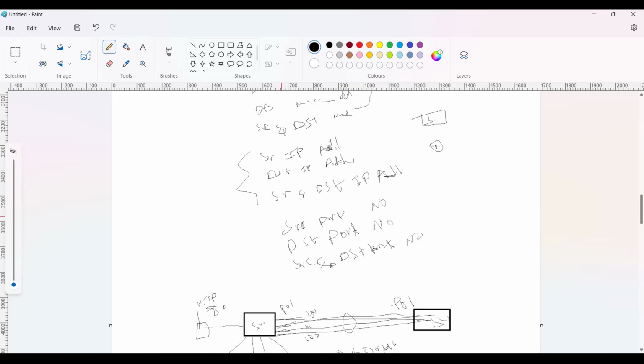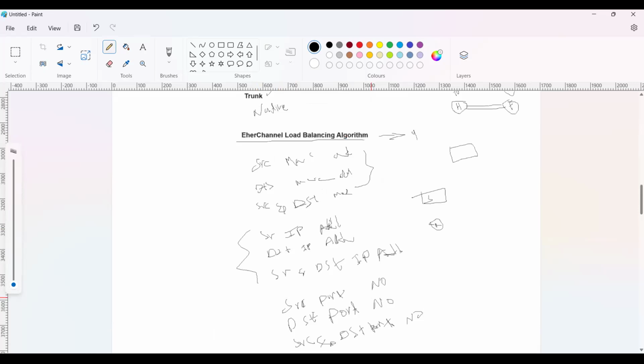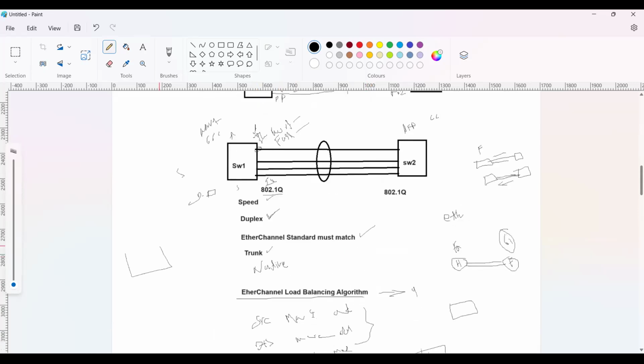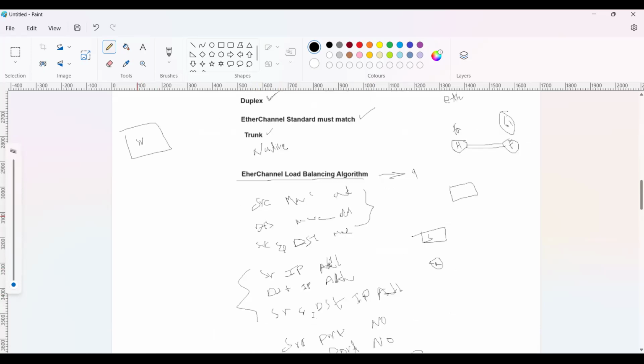Every protocol, like HTTP, HTTPS, DSCP, those protocols work based on the EtherChannel. If you are using a server connected to a switch, in this server we have HTTP, and HTTP has port number 80.